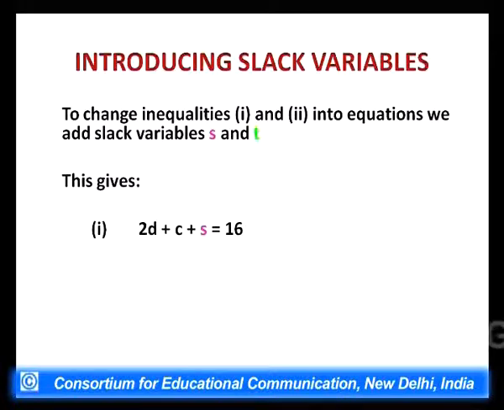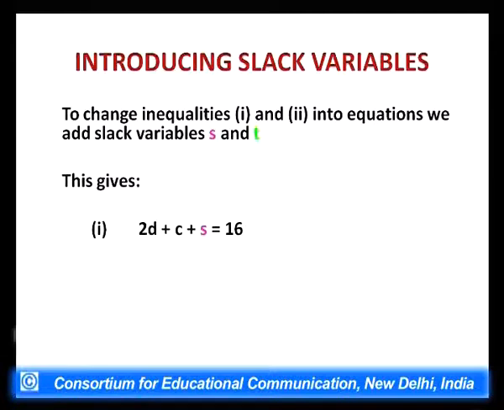That something which is going to be added to 2d plus c is called a slack variable. This slack variable will always be positive, or s will be greater than or equal to 0. So it cannot have negative values. Again, this will be non-negative.